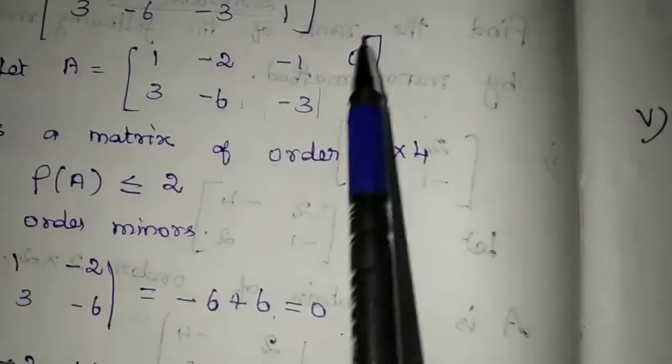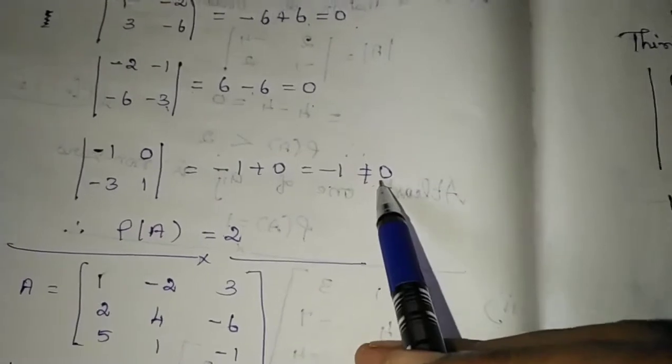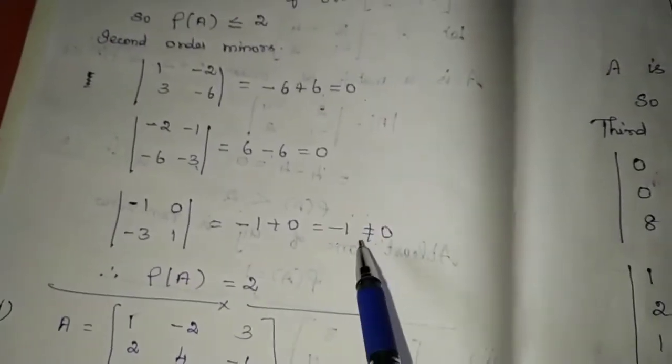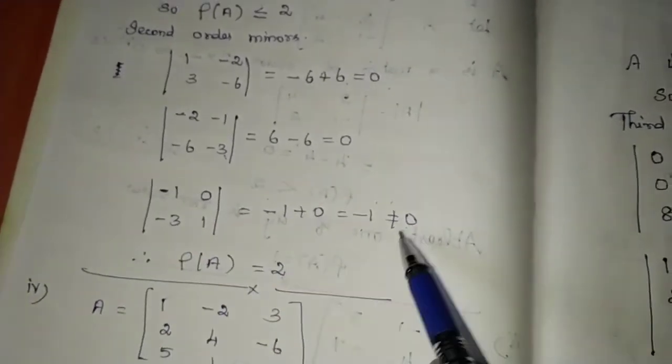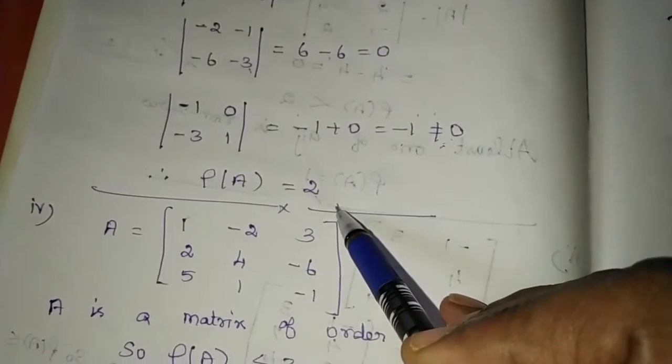Again take another 2 by 2 minor. See that one. Minus 1 plus 0. Now we get not equal to 0. Already I told, at least one second order minor not equal to 0, then rho of A equal to 2.